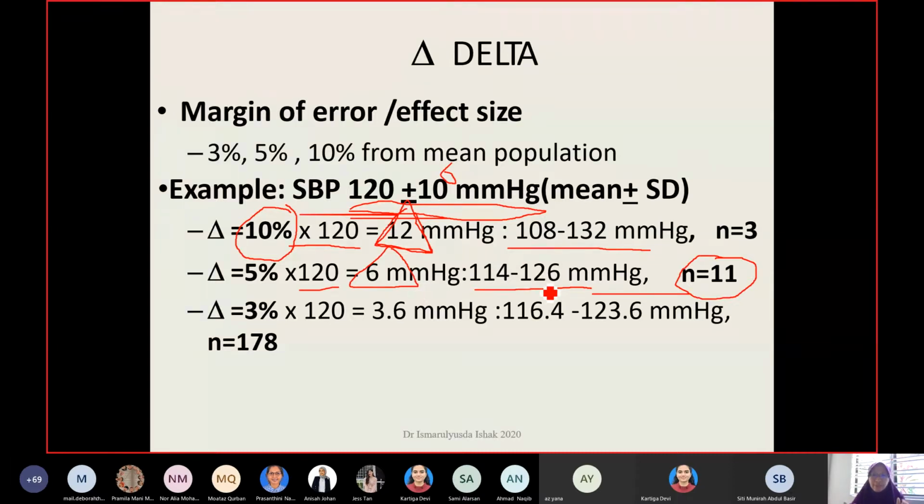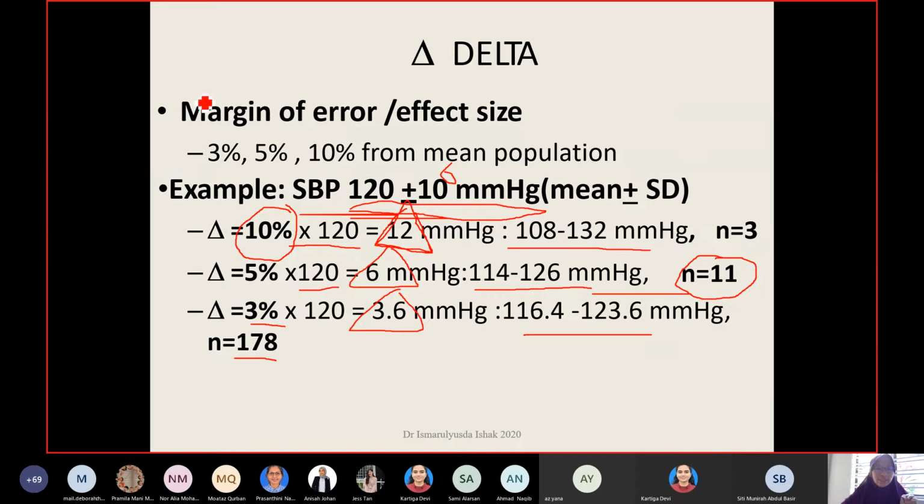12 millimeter mercury. Alright, then I say that I don't want 5%, I want the effect size to be smaller. 3%. When you are using 3%, the difference is plus minus 3.6. So you need 178 to confidently have your result between these levels.